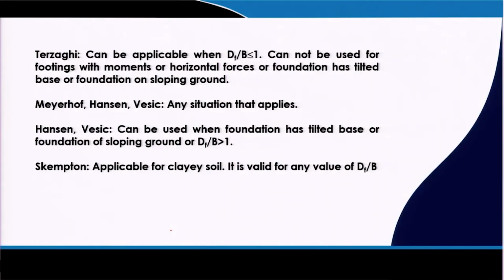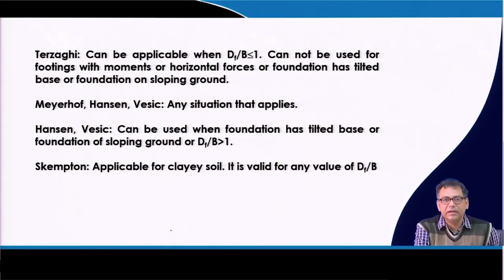Suppose you do not have that information available, you have only the angle given, then you go for Meyerhof. But if you have that information, that means you know the horizontal load is parallel to L or parallel to B, then you can go for either of the equations, Hansen and Vesic.